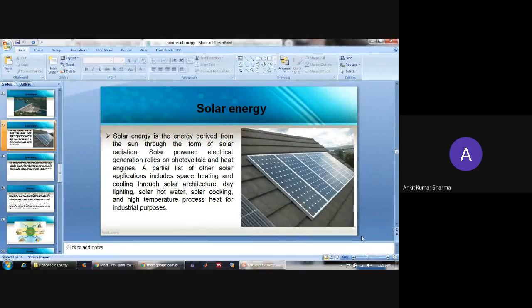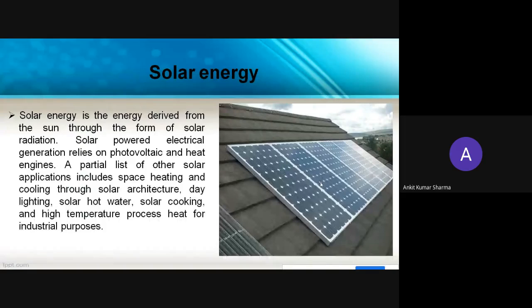For conventional energy sources, we discussed coal, petroleum, and natural gases, and their advantages and disadvantages. In the renewable energy sources, we discussed the basic concept of renewables, wind energy, and hydro energy. So today we will discuss solar energy in this lecture.